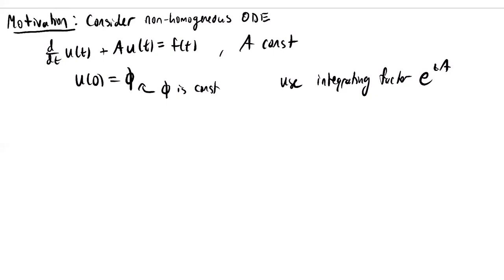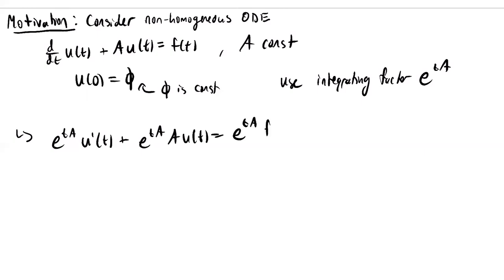Right, and so if I multiply by the integrating factor, I get e to the ta u prime of t. The u prime just means the t derivative, since it's just a function of time, plus e to the ta times a u of t is equal to e to the ta times f of t. I just multiply through by this function.